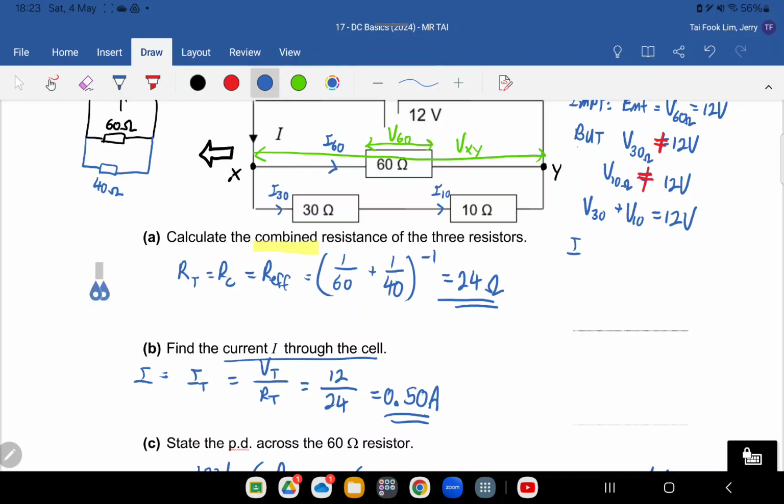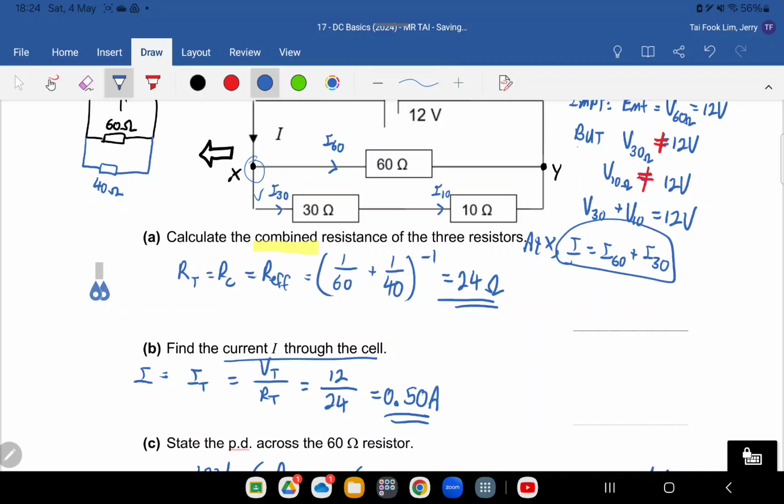total current is equal to I60 plus I30 at X. At X here, the current splits into 60 and 30. Let me erase the rest. That's confusing. Okay, so therefore you just take this one and then you can solve.